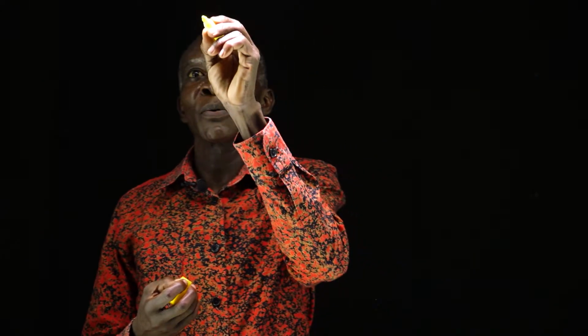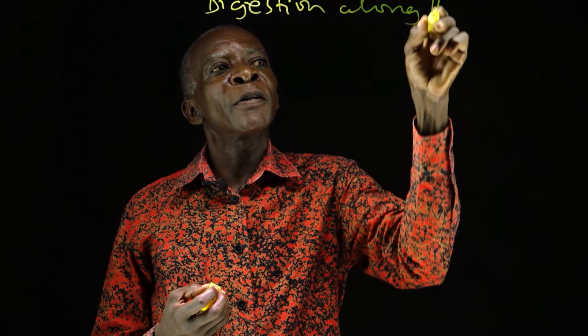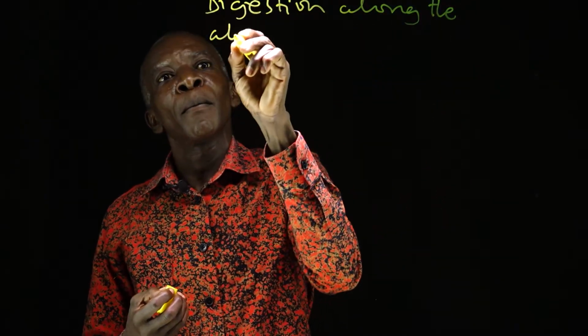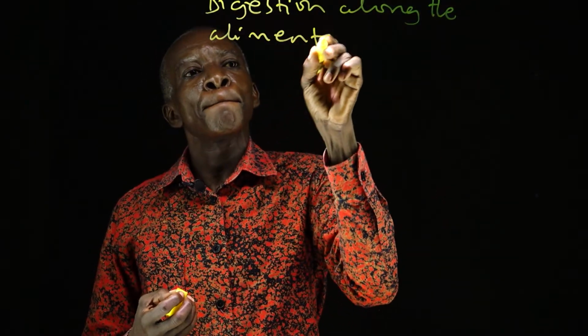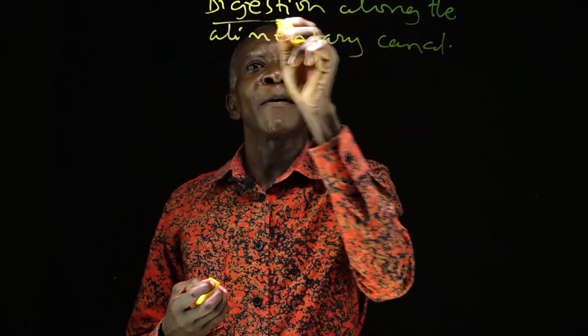Now, my student, we have seen the structure of the epithelial tissue and how it efficiently affects the process of digestion. Now, let's switch on to digestion along the alimentary canal.